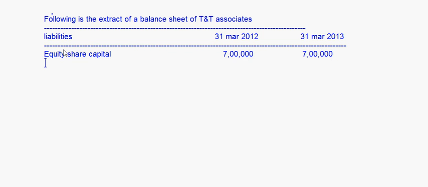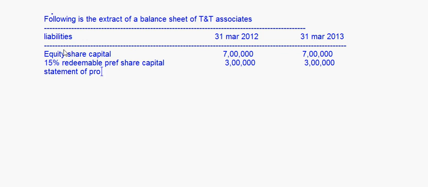Then you have 15% redeemable preference share capital, 3 lakhs and 3 lakhs, right. Okay, then statement of profit or loss, 1,50,000 and let's say 3,50,000, fine.